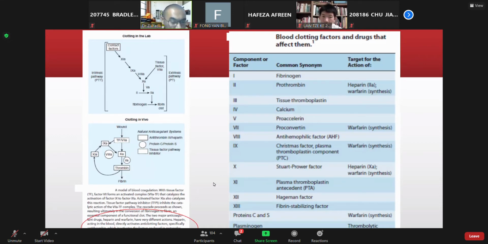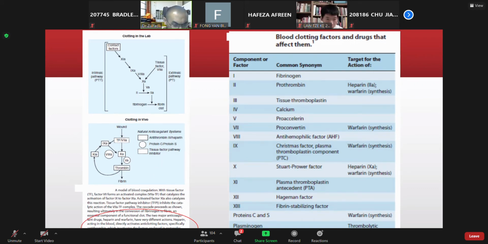These two have very different actions. Heparin acts in the blood, directly activating anticoagulating factors, specifically antithrombin, which inactivates the factors enclosed in the rectangles here. Whereas warfarin acts in the liver, it inhibits the synthesis of factors enclosed in the circles.